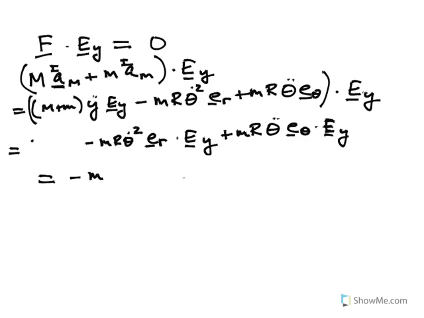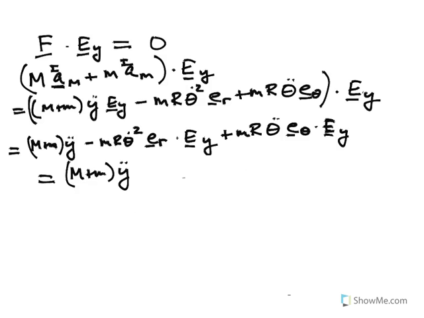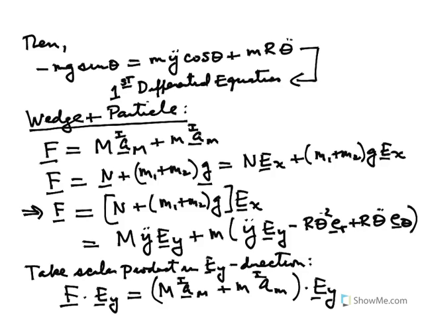we've got M plus m times Y double dot, that's the first term, and now we can do the rest of these. So we wind up getting M plus m times Y double dot, and then ER dotted with EY. There's a sine theta component, so we get minus mr theta dot squared times the sine of theta, and then E theta dotted with EY.